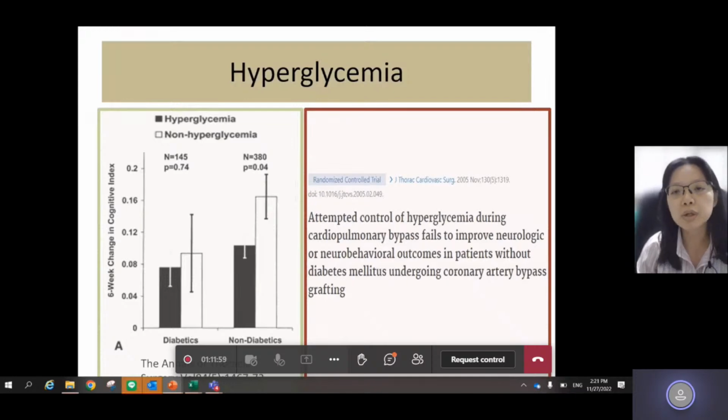However, if we try to control the hyperglycemia during cardiac bypass, we fail to improve the neurological or neurobehavioral outcomes in DM patients undergoing CABG. So we all agree that sugar control is important during the cardiac surgery, but whether the sugar level in the blood is associated with neurocognitive outcomes is still not certain.